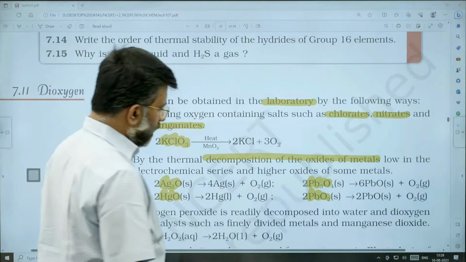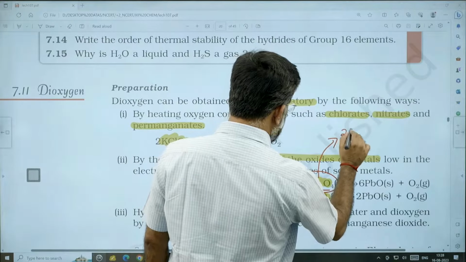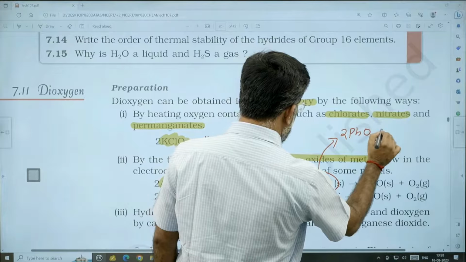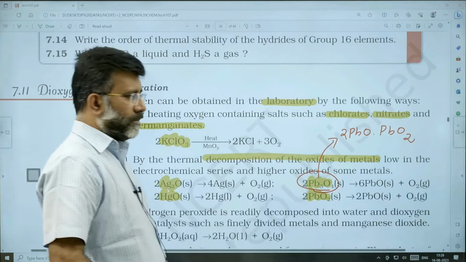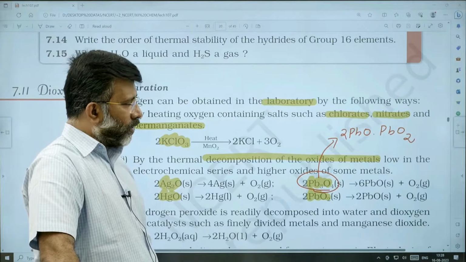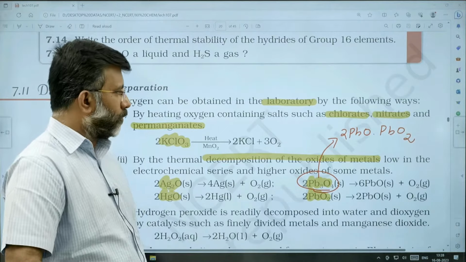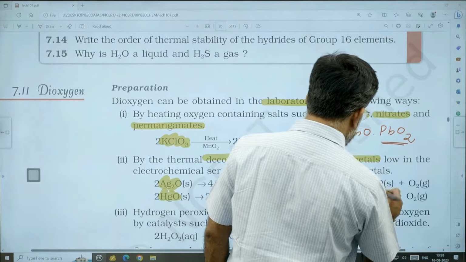What is the actual composition? Pb3O4 is 2PbO·PbO2. That is Pb3O4.